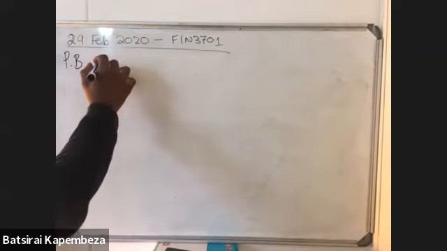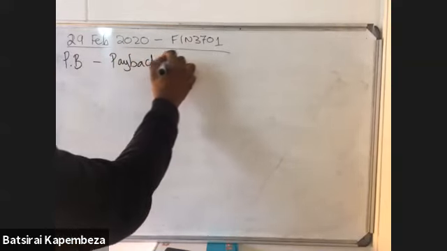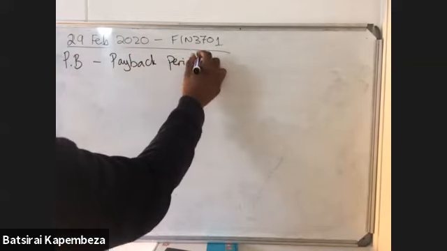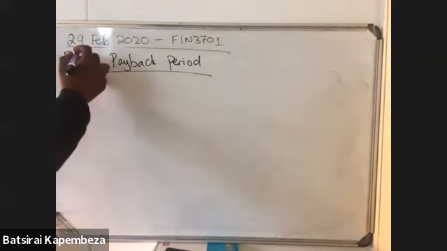This is also known as the payback period. But for shorthand, when we're doing capital budgeting, we can just refer to it as the PB.